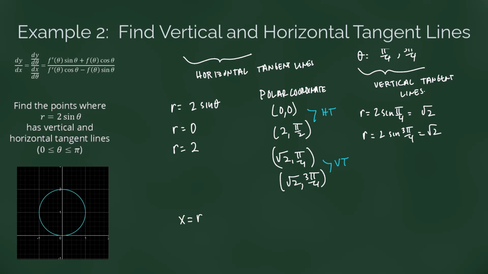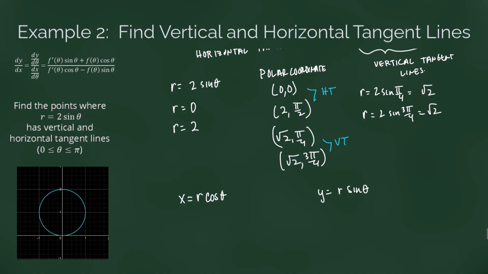Now, let's think about those with regard to Cartesian coordinates. We know that x is going to be r cosine theta and y is going to be r sine theta. So at the point (0, 0) in polar coordinates, our Cartesian is going to be the point 0 times the cosine of 0.